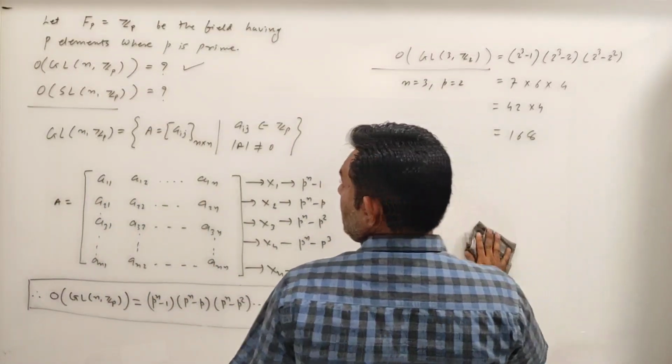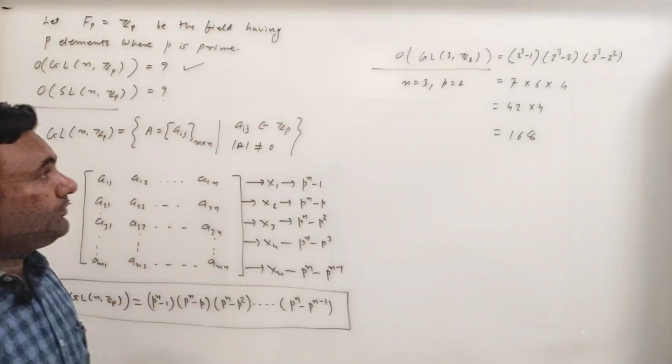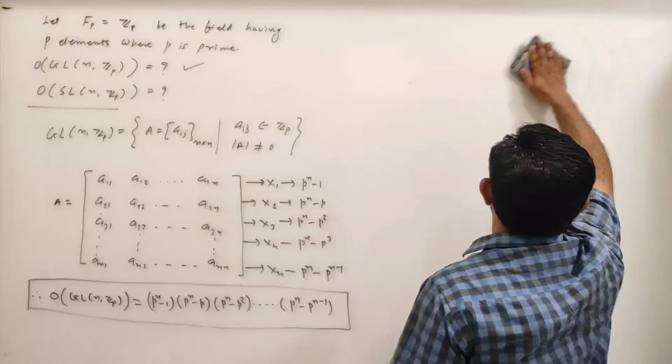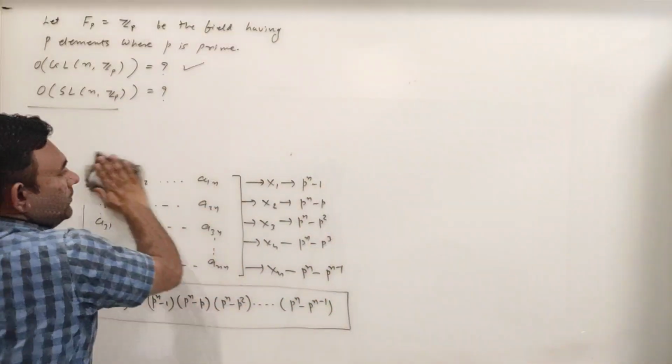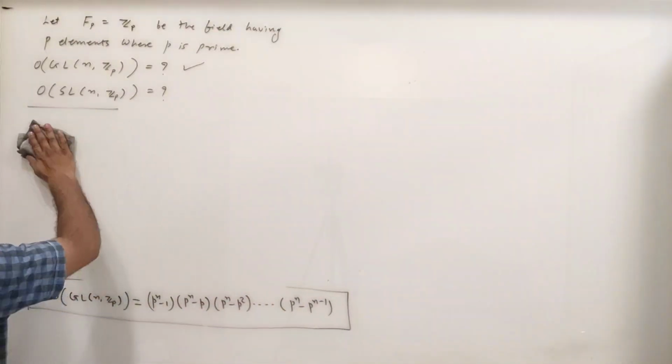Okay, fine. So now let us try to find the order of SL(n, Zp). Let me remove this and write the formula here.